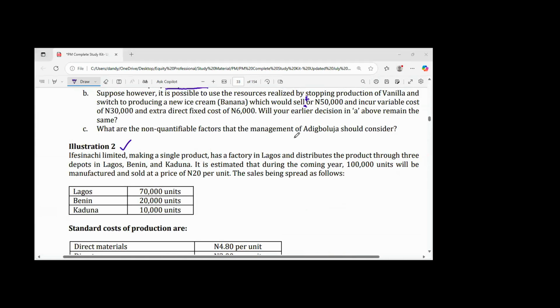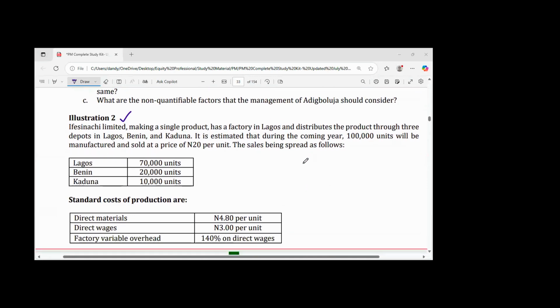Yes, thank you. Ife Limited, making a simple product, has a factory in Lagos and distributes the product through 3 depots in Lagos, Benin, and Kaduna. It is estimated that during the coming year, 100,000 units will be manufactured and sold at a price of 20 naira per unit.